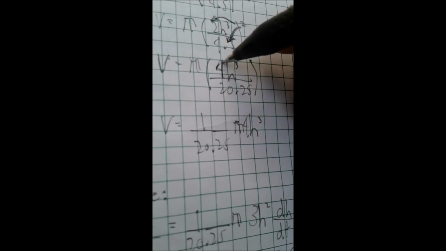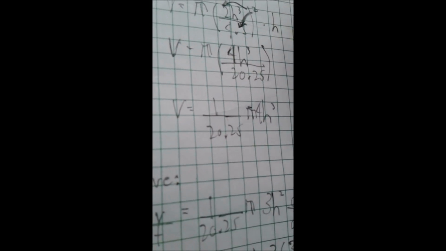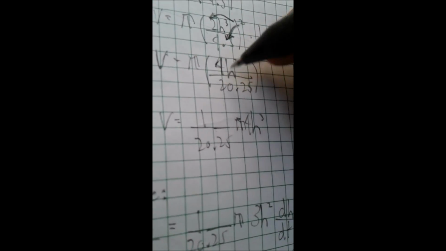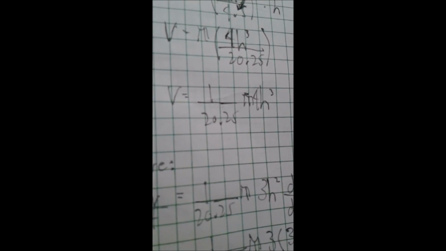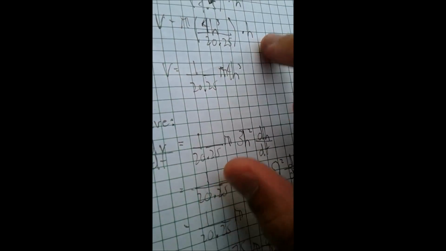Clearly, in the third step of the equation, we get 4h cubed over 20.25, meaning it was already distributed. So 2 squared is equal to 4, 4.5 squared is equal to 20.25. What happened here is that this was distributed, giving us 4h cubed. Originally it was 2h squared, so 4h cubed.